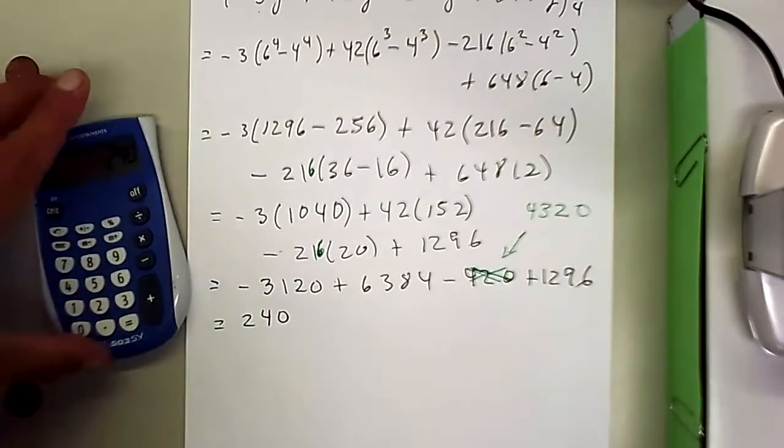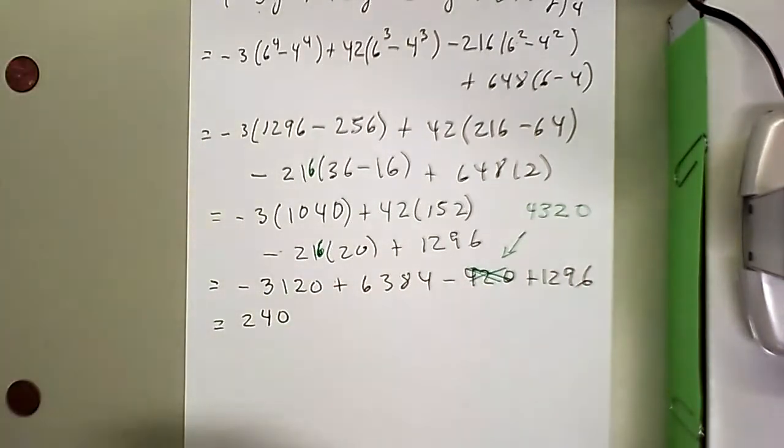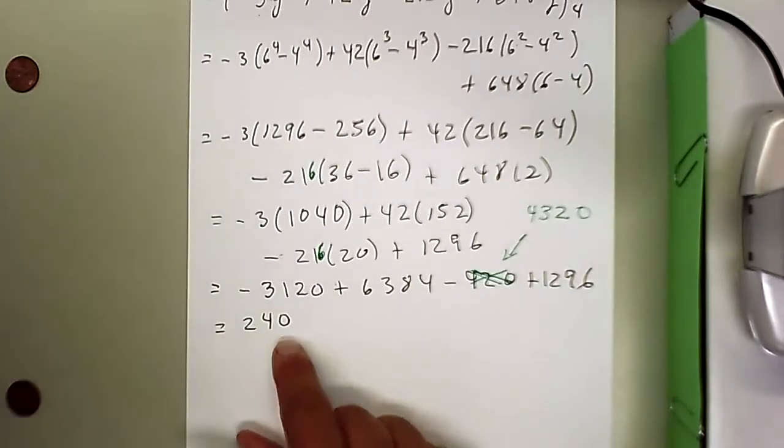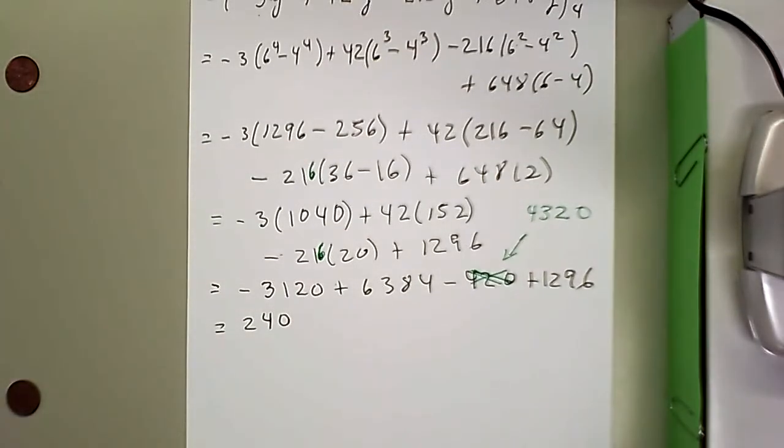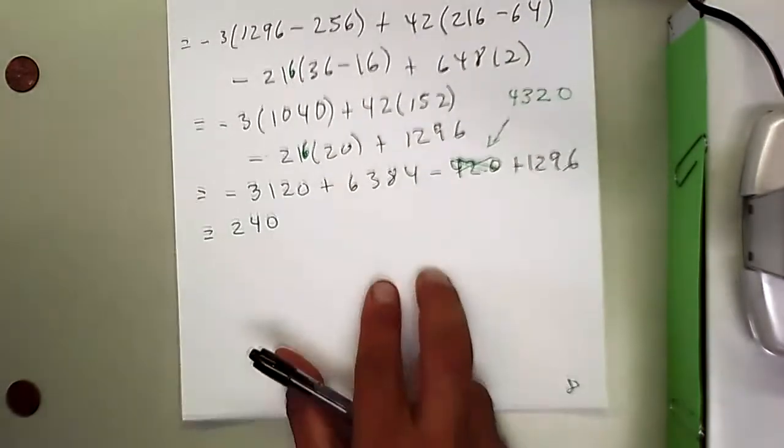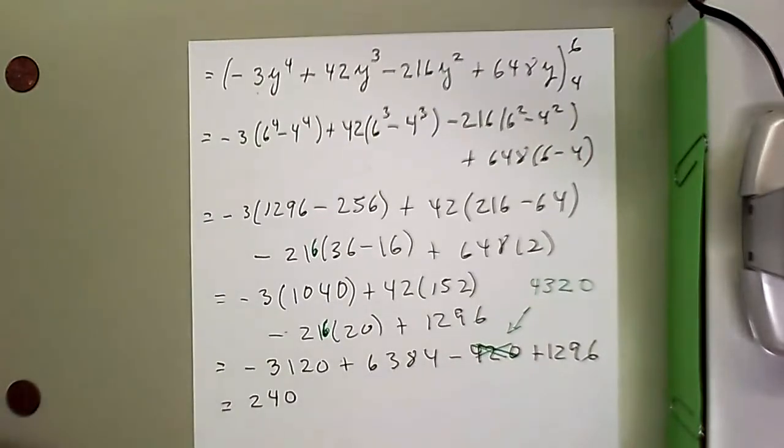Okay, so that's C. Remember, C started out on page 7. This is my page 8. You don't necessarily have to have the same pages, of course, because you're taking notes.